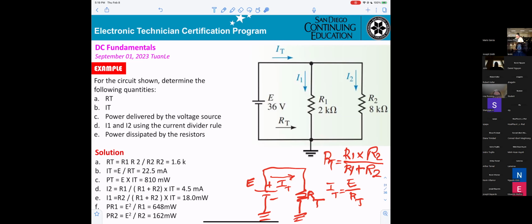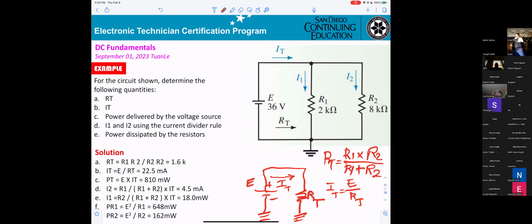That formula is different from what you wrote on the right-hand side. That formula is wrong, it's a typo. Okay, move on: R1 times R2.